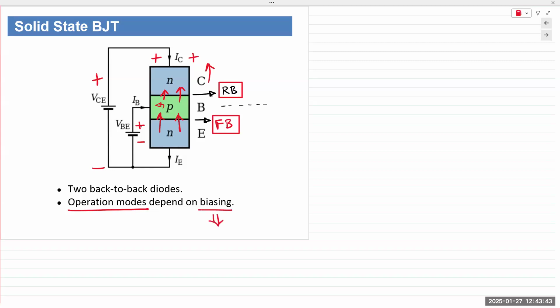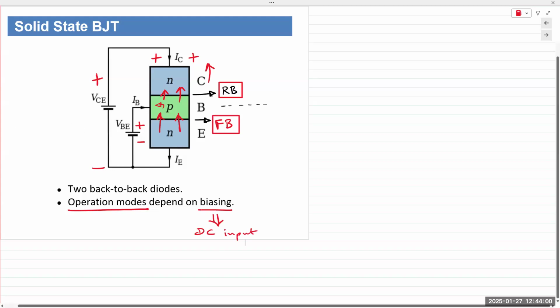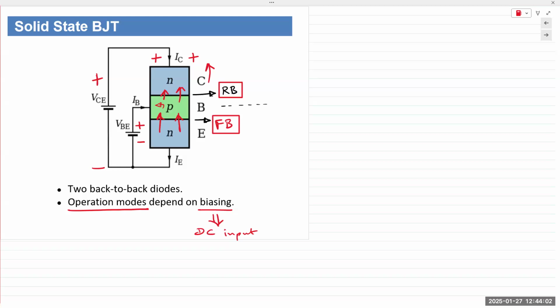We'll talk about biasing later on, but biasing basically is the DC input that we apply to set up the operation of our transistor. Biasing simply means the DC voltages and currents that we apply to our transistor to set up the mode of operation.